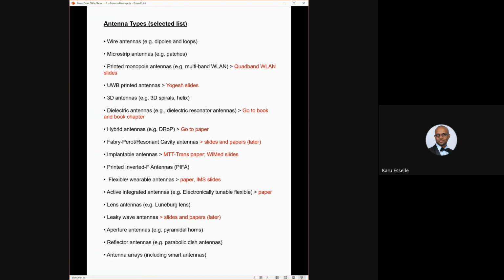I just picked some selected antennas that are either very common or useful but not very popular. I have papers and slides on some of these, so I will shift to those and try to explain, especially those marked in red, in a little bit more detail. So that is the plan for the next lecture.